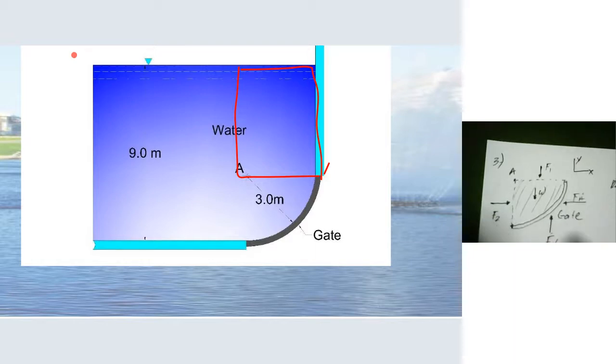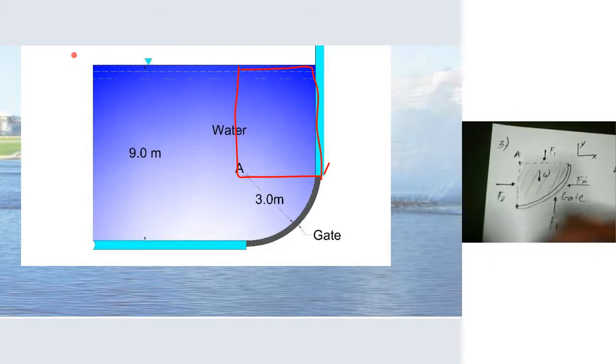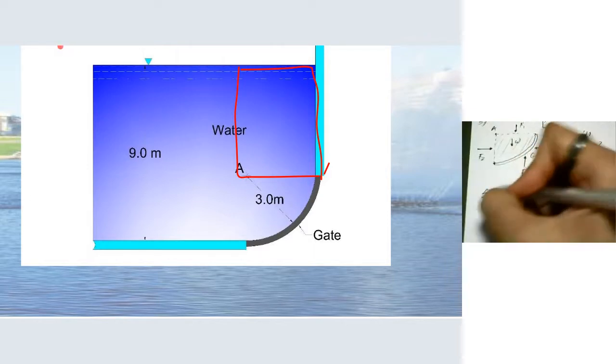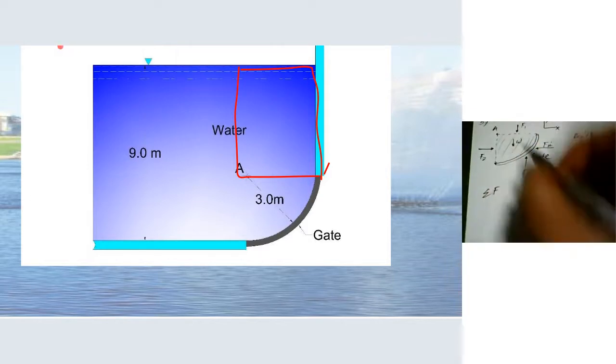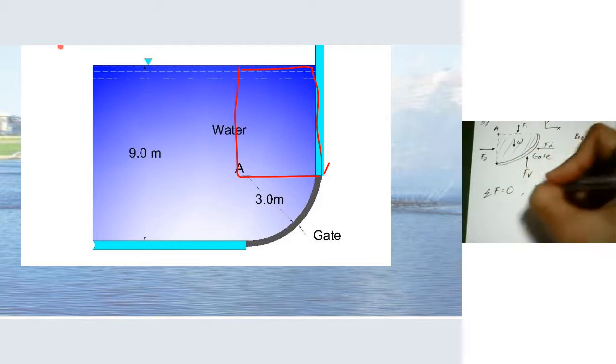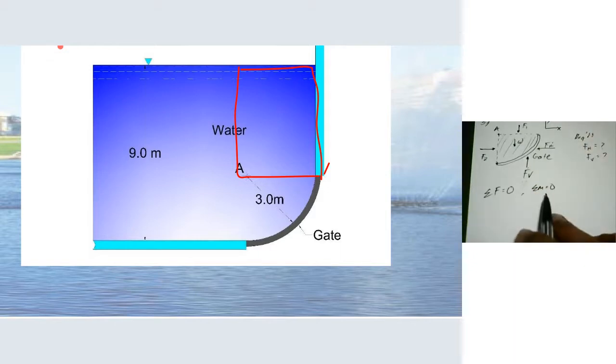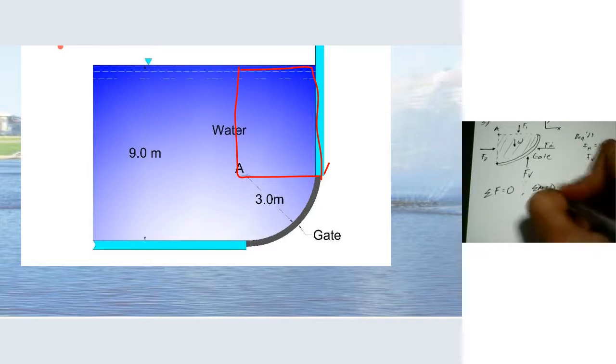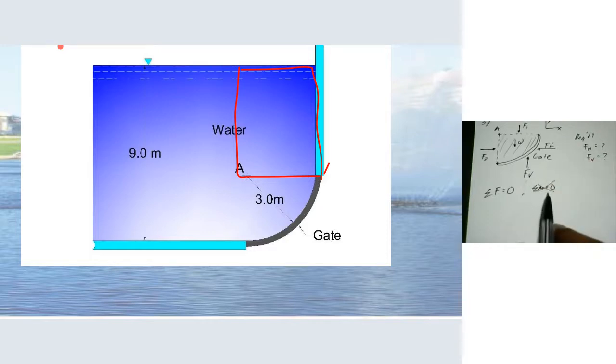Now, since we have this system of forces, we can use equilibrium equations. Again, we recall equilibrium equations from statics of rigid bodies. They are the summation of forces equals 0 and summation of moment equals 0. But there is no rotating force, so we will not use the summation of moment.